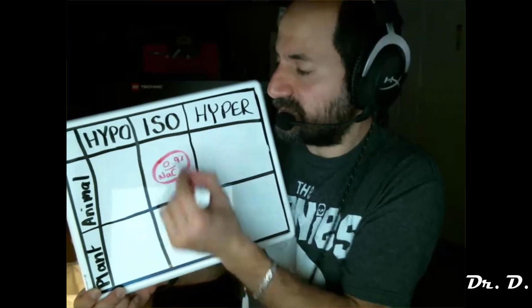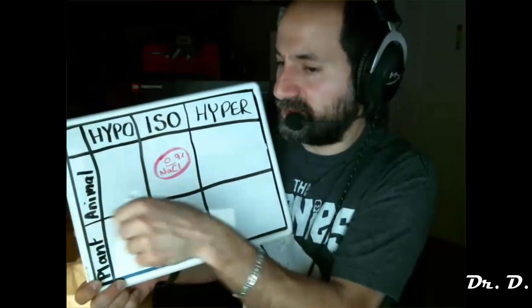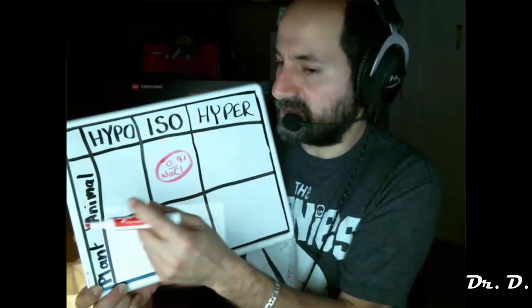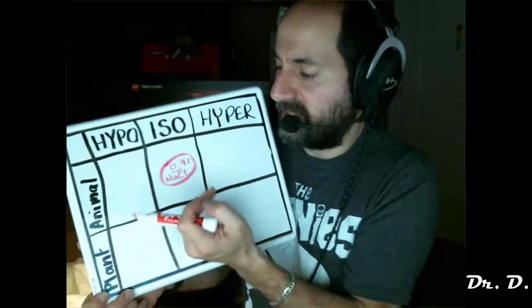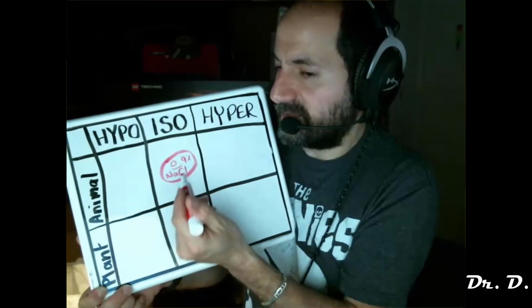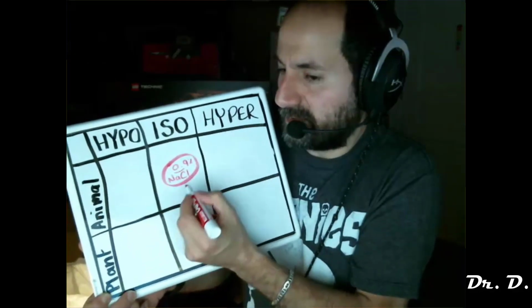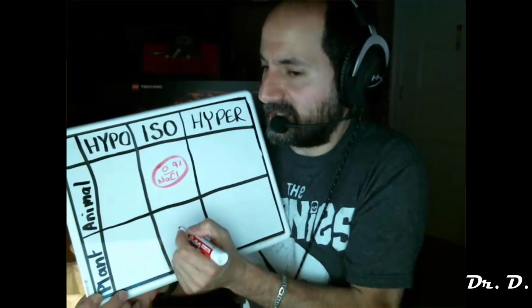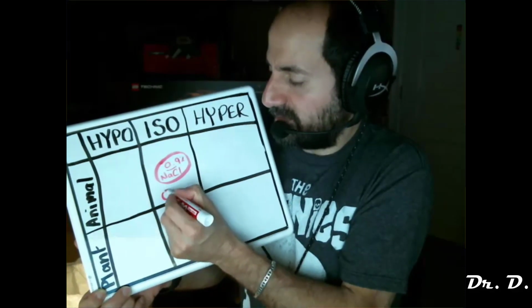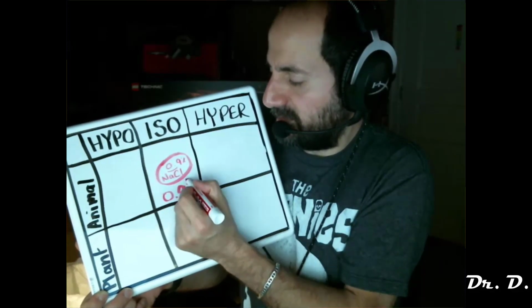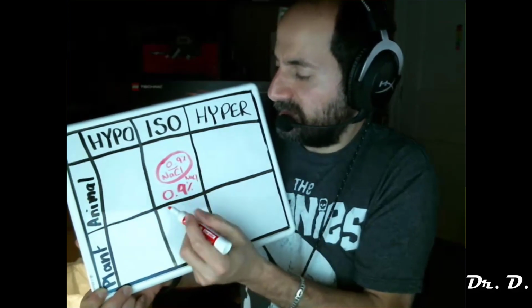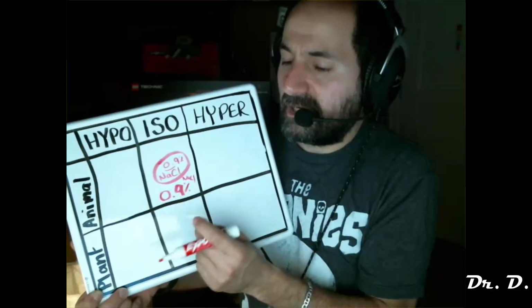So for the solution around the cell to be iso, equal tonicity to what's going on inside of the cell, what kind of salt concentration needs to be outside of that? The same, 0.9% NaCl. So do you know what that means?